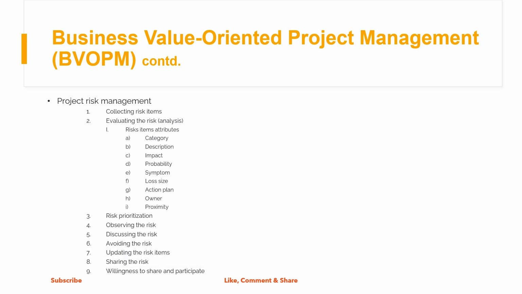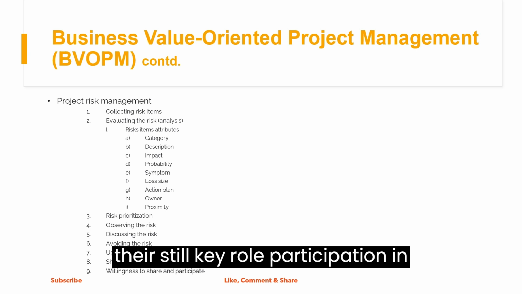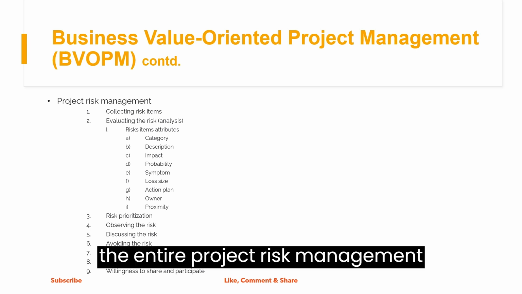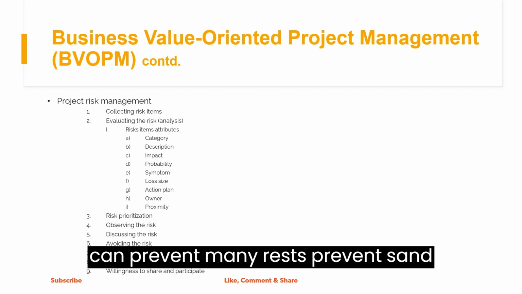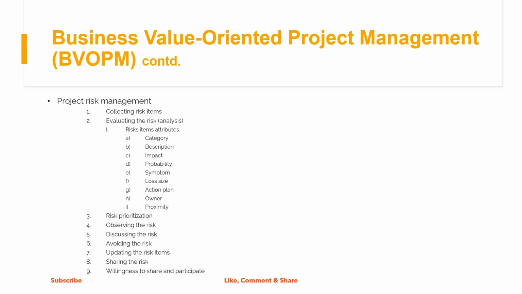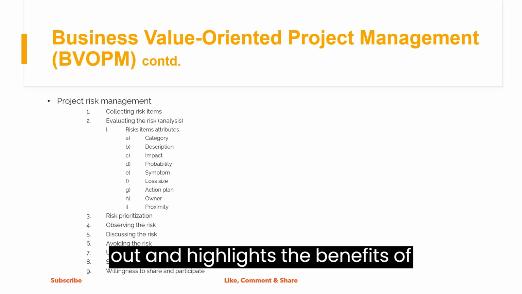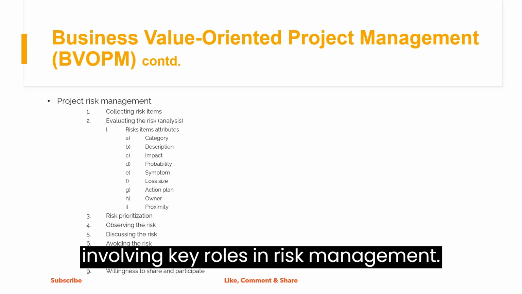The unwillingness to participate in risk management and avoidance may have different roots. Still, key role participation in the entire project risk management process is a worthwhile activity that can prevent many risks, events, and factors. The BOP office creates a culture of cooperation and points out and highlights the benefits of involving key roles in risk management.